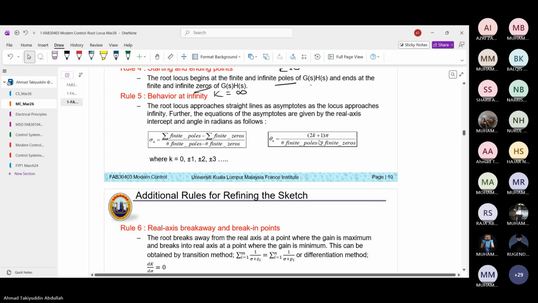Hello? We have just two values that we need to find, and k is only applicable for theta A. If I change k, instead of using 1, I use minus 1, will there be any difference compared to plus 1?